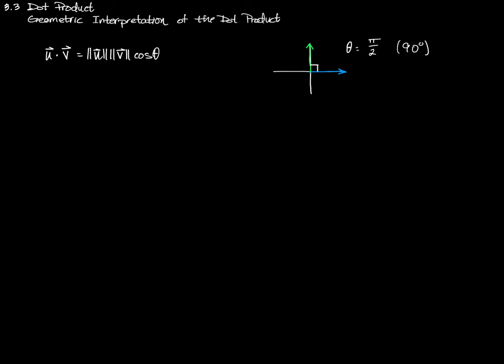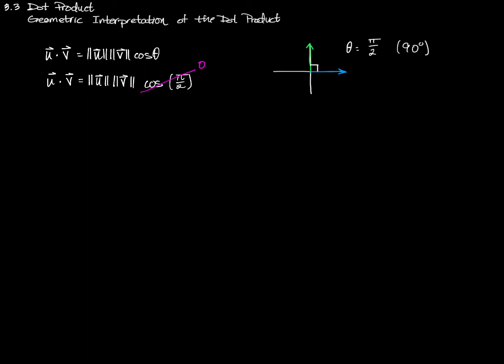If we know the angle here, then we can say that the dot product of U and V is equal to the magnitude of U times the magnitude of V times the cosine of pi over 2. What is the cosine of pi over 2? It's 0.